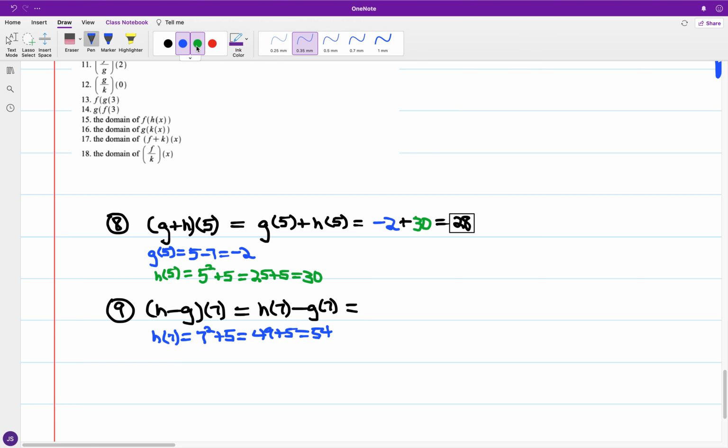In the case of g of 7, g of x is equal to x minus 7, so g of 7 is 7 minus 7, which is 0. So we have 54 minus 0, and this will end up at 54.